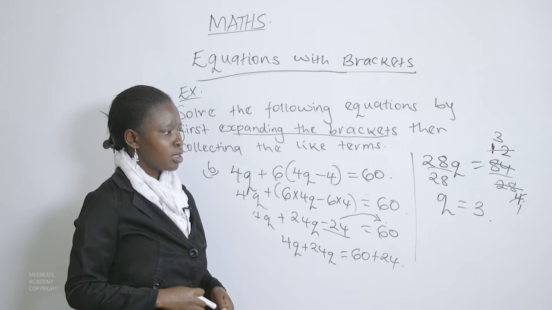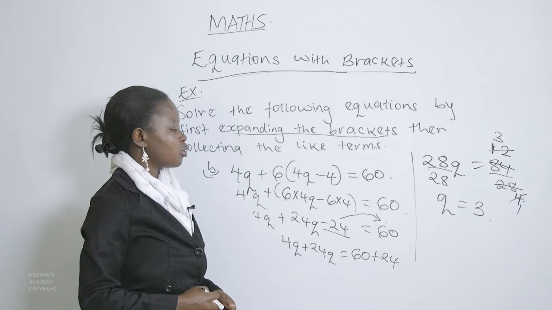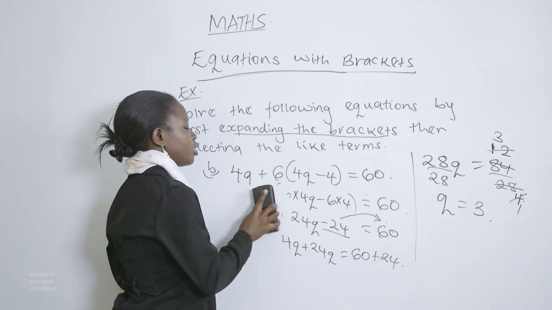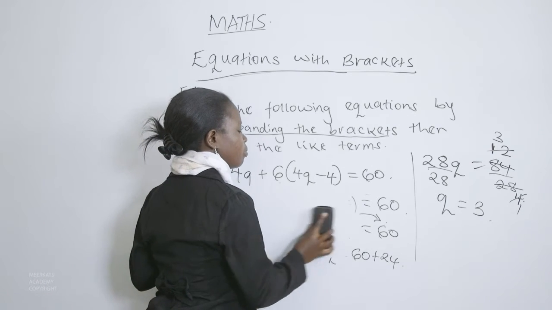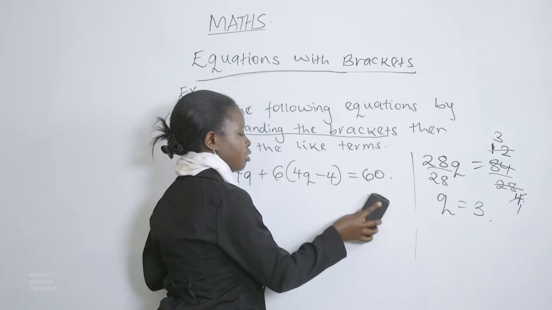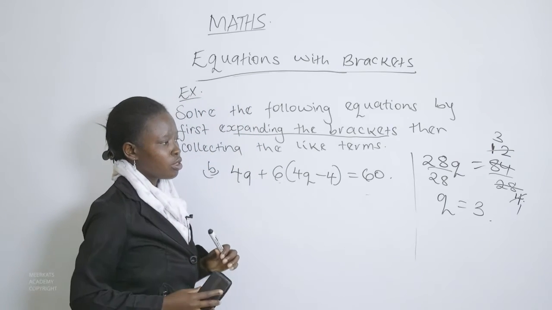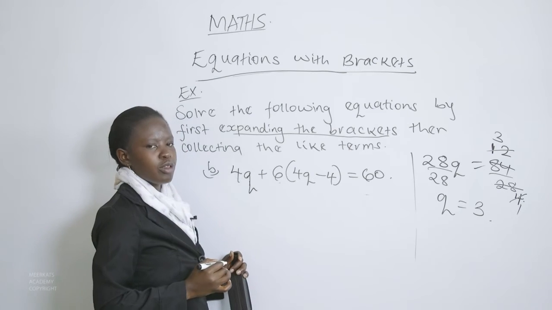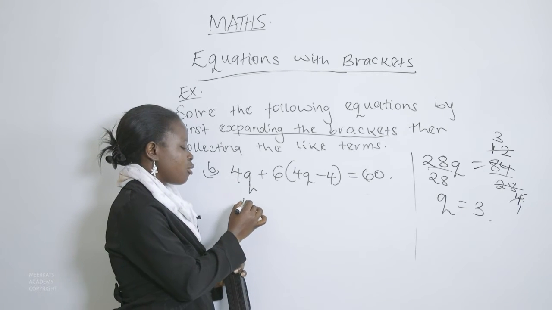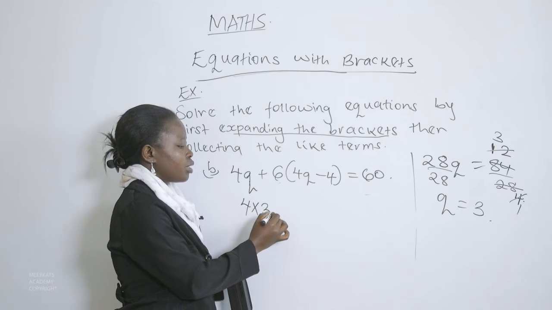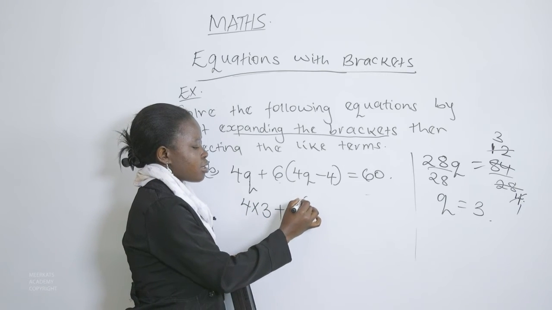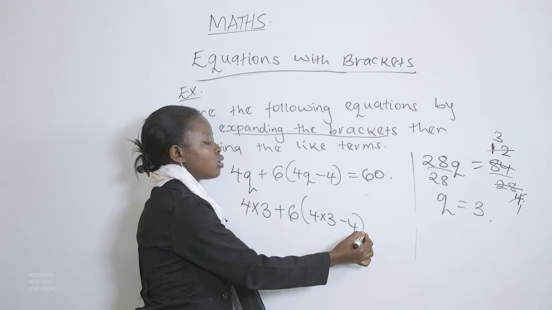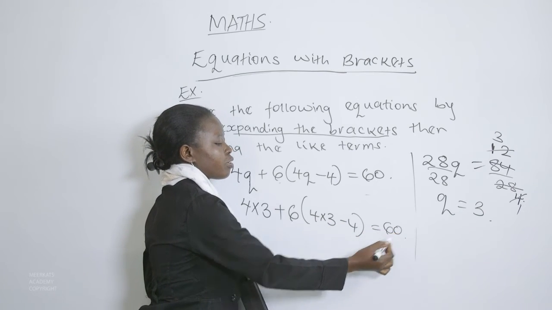So having 3 as our value for q, we want to substitute in the original equation and confirm if our working is right or not. So we have q as 3. So if q is 3, we have 4 times 3 plus 6 into 4 times 3 minus 4 is equal to 60.